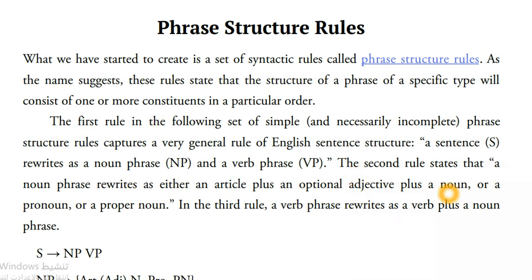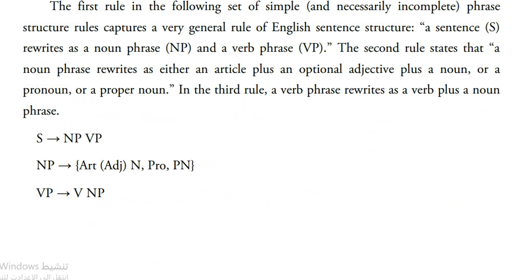This is one structure of noun phrase. And maybe we have a pronoun or proper noun. That's another way for the noun phrase. And the third rule: verb phrase rewrites as verb plus noun phrase. So we can have verb and noun phrase.